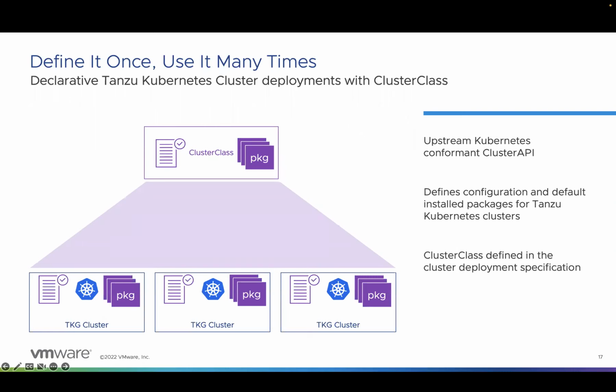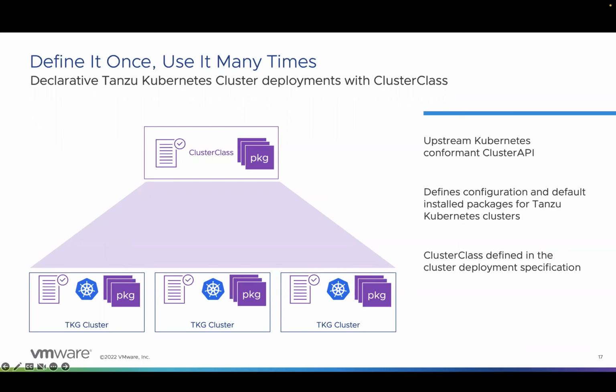And this could include anything from network and storage packages, cloud provider packages, authentication mechanisms, metrics collection, whatever it may be, that can be defined as part of the cluster class specification. And it will enforce that any Tanzu Kubernetes clusters deployed with that cluster class will have those appropriate packages pre-installed.